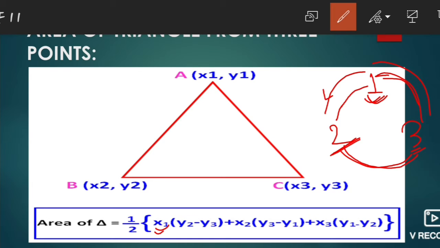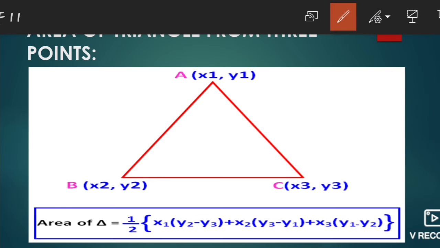I am explaining this one again. Suppose you are writing 1, 2, 3. The direction will be 1 to 2, 2 to 3, 3 to 1. Half will be outside. If you are writing x suffix 1, then in the bracket it will be y2 minus y3.